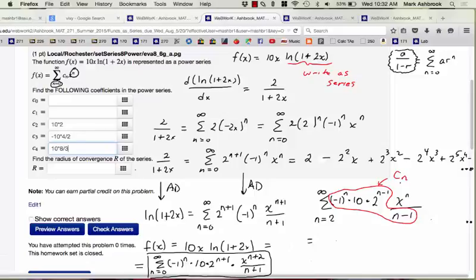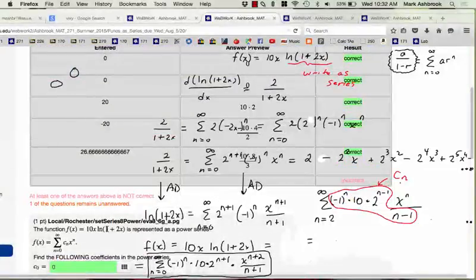What about C naught and C1? 0, right? So we don't have those terms. We don't have n equals 0 and n equals 1. The first term we get corresponds to n equals 2, so these have to be 0. Okay, got it.